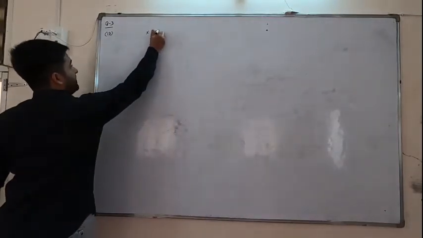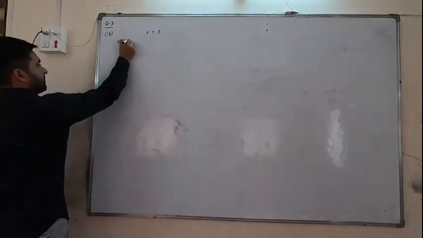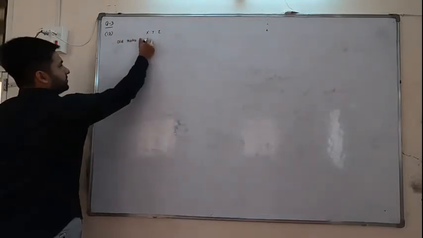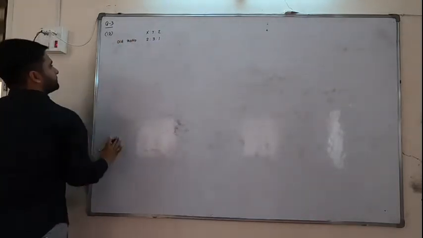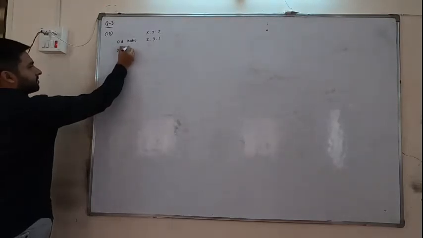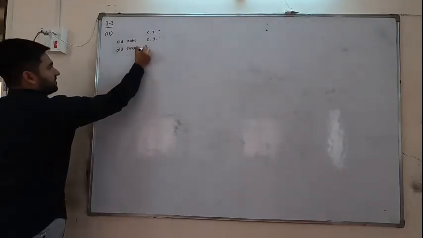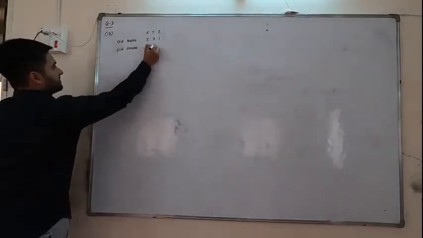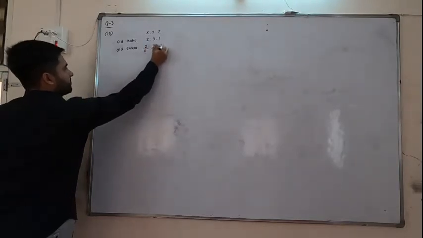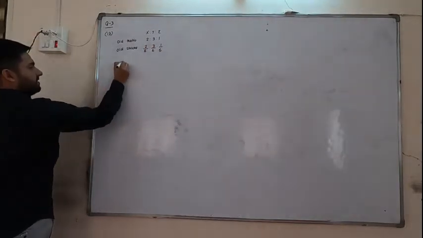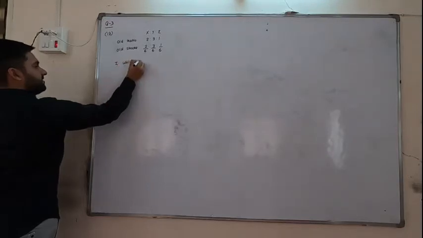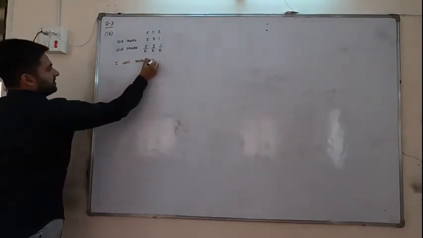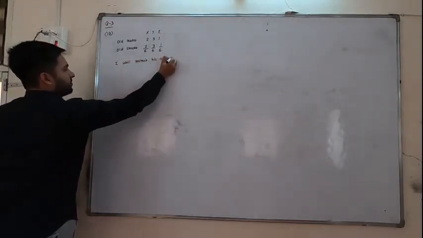X is to Y is to Z. Old ratio 2:3:1. Old share 2/6, 3/6, 1/6. Z will retain his old share.